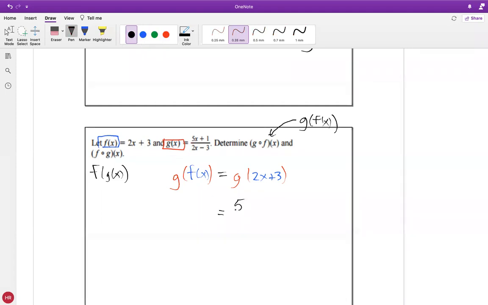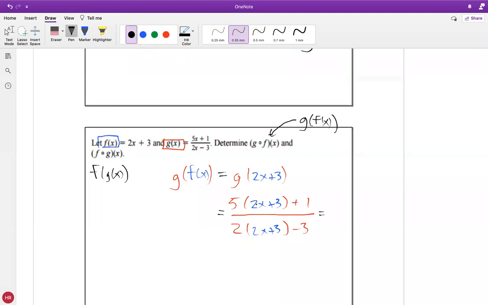So that's 5 times, let me do that in red because it's still g, 5 times 2x plus 3 plus 1. And then underneath that, we have 2 times 2x plus 3 minus 3. You see, the f of x just goes right in here where the x's were.